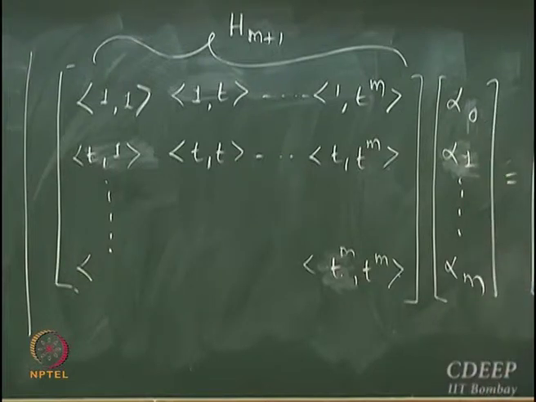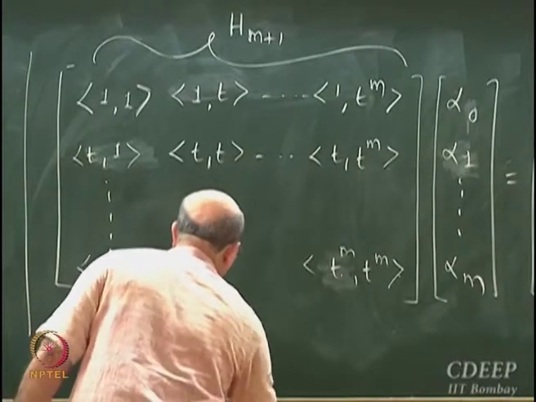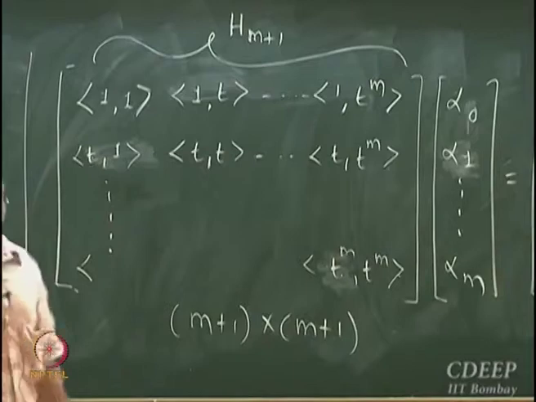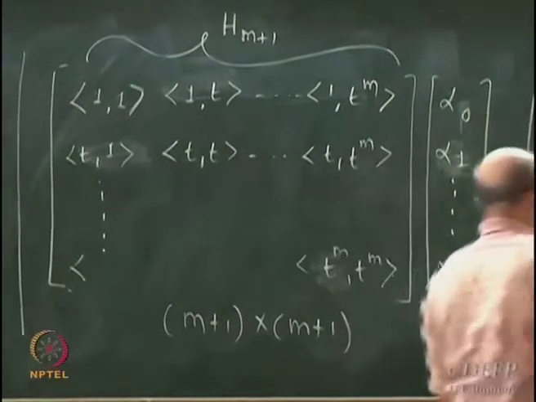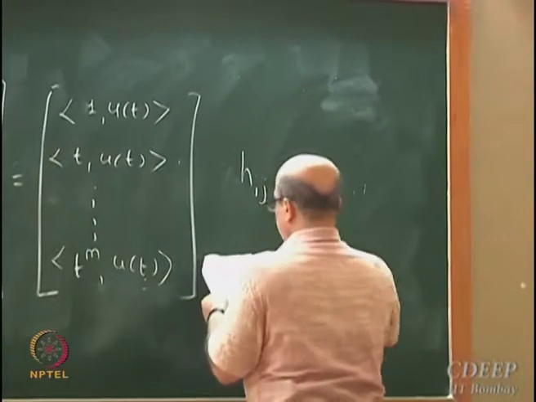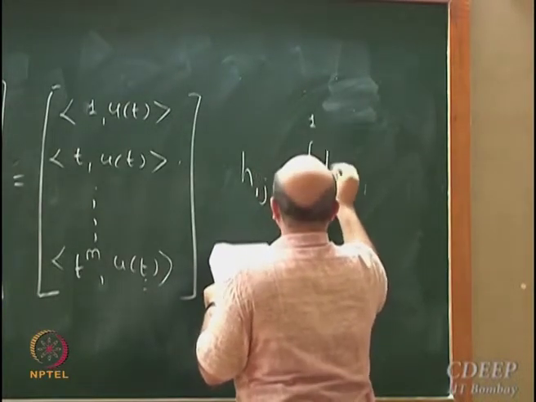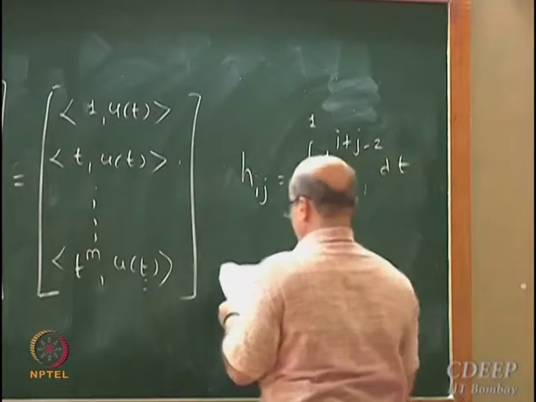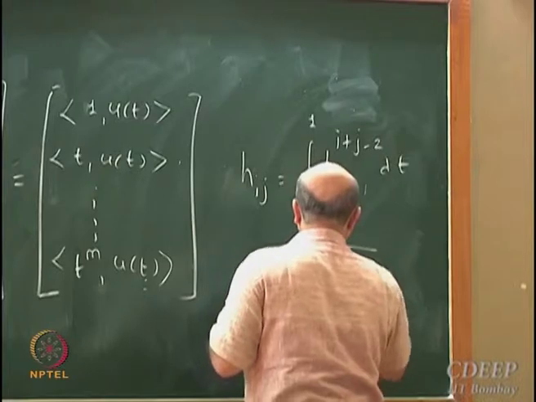So this matrix is m plus 1 cross m plus 1. What is the element of this? The ijth element of this is given by the integral from 0 to 1 of t to power i plus j minus 2 dt. This is equal to 1 upon i plus j minus 1.